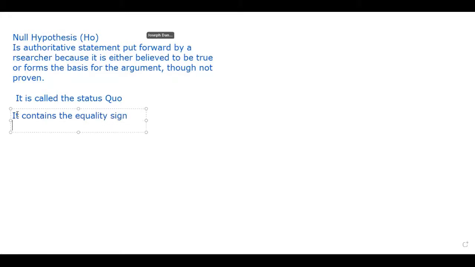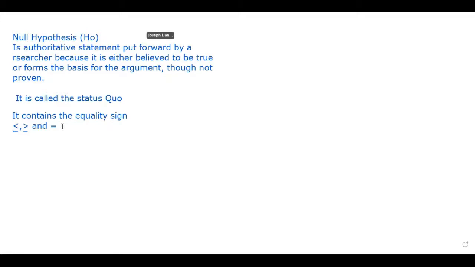So less than or equal to, greater than or equal to, and the equal to sign itself. So less than or equal to, greater than or equal to. You get it? So when you see any of these signs, it's talking about the null hypothesis.